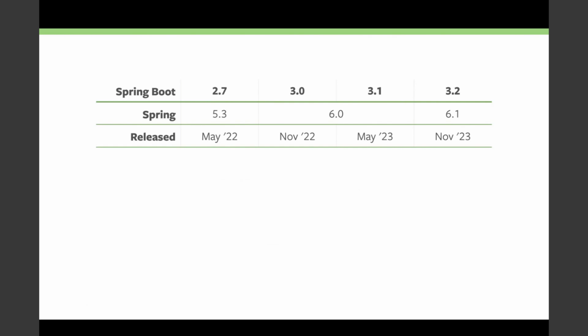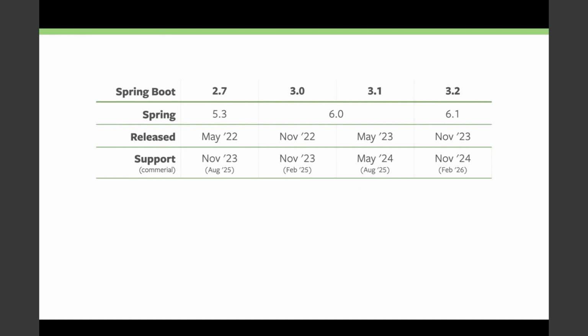There are some other interesting dates here, right? A question that's been discussed prominently in the community recently is how long we actually support a particular generation of a framework or Spring Boot with updates, with security updates. The usual cadence is a year. So 12 months from now, we expect you to have upgraded to the next minor version.